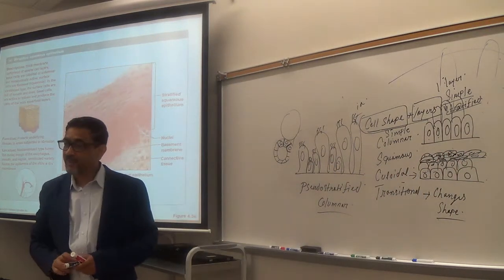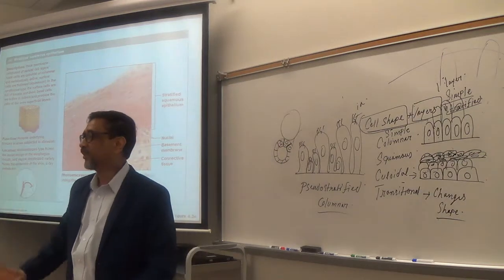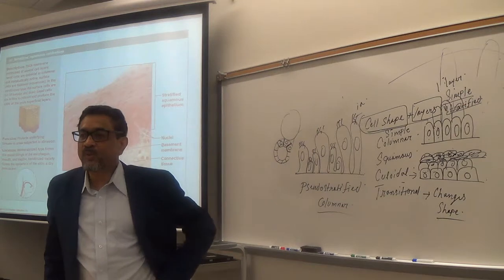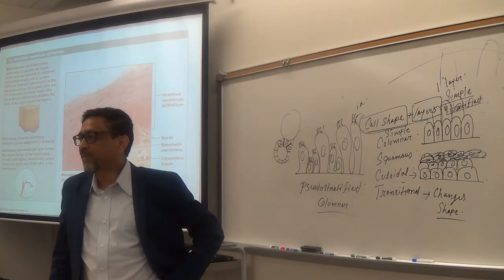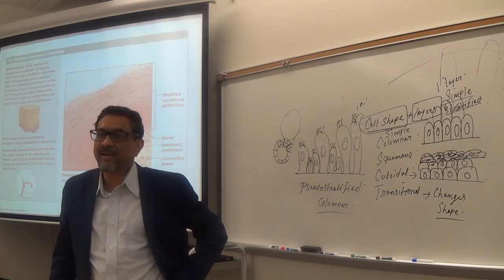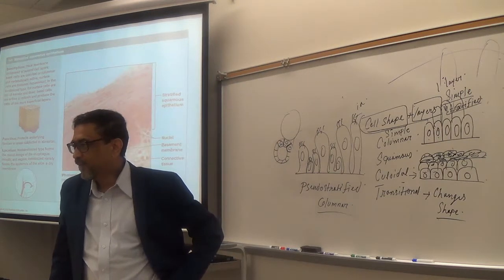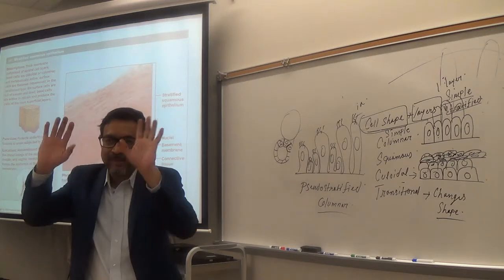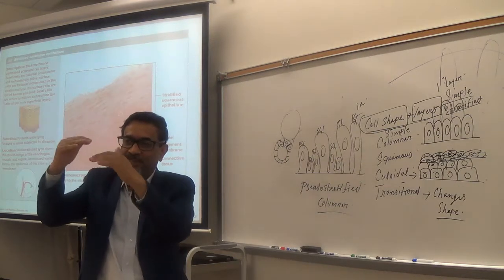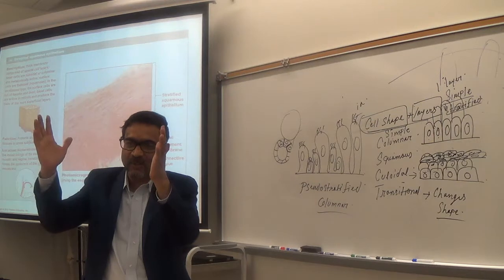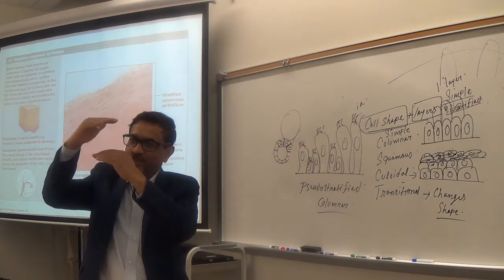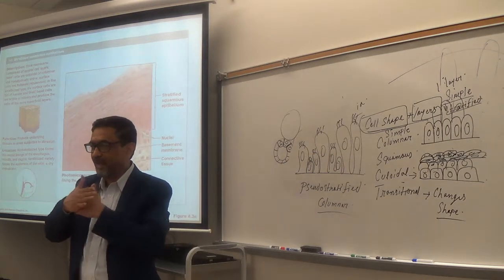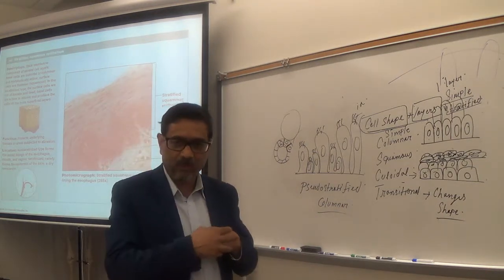Stratified squamous, first thing you need to know, write it down. Stratified squamous is found in those areas where the chance of friction is high. Chance of what? Friction is high. Because many layers protect, right? Many layers, single layer cannot protect. It will be easily destroyed, right? Many layers give protection. So where the chance of friction is high, you need stratified squamous.